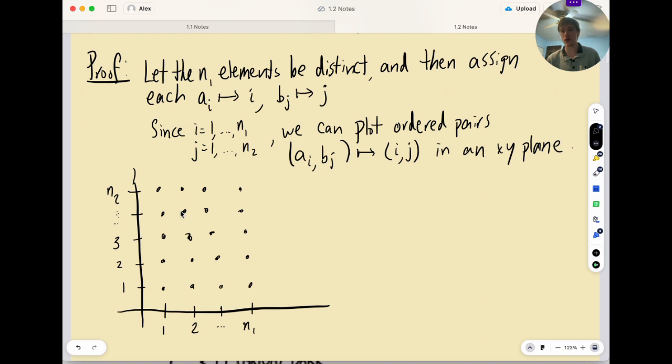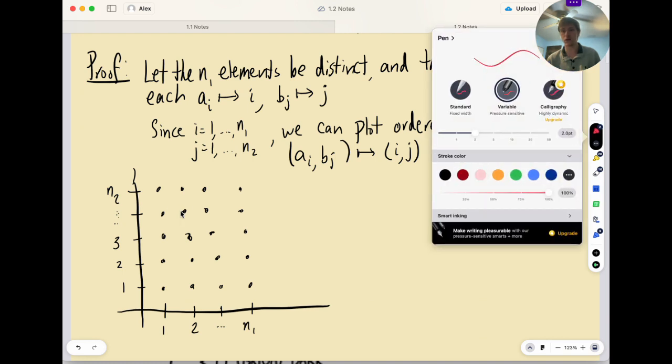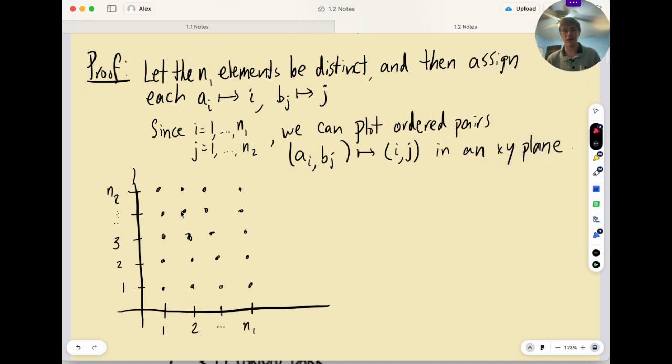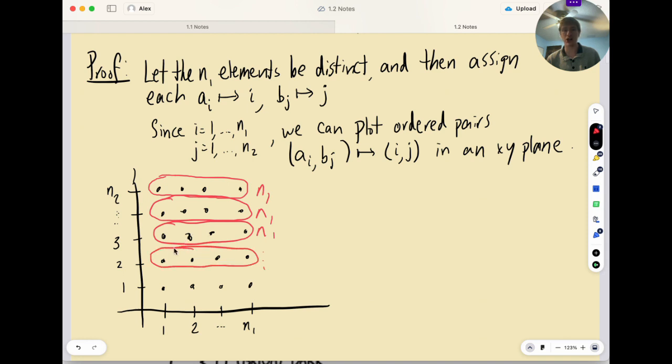Well, hopefully that's not too tricky, right? Because right here, we have n1 dots there. But we also have n1 dots here, and n1 dots there, and you can continue that, and we're going to have n1 dots in each of these rows. Well, the question is, how many rows are there? How many times am I adding n1?